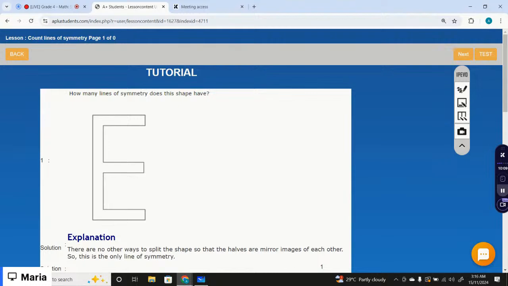How many lines of symmetry does this shape have? There is only one line of symmetry for this shape, right? The correct option is only one.